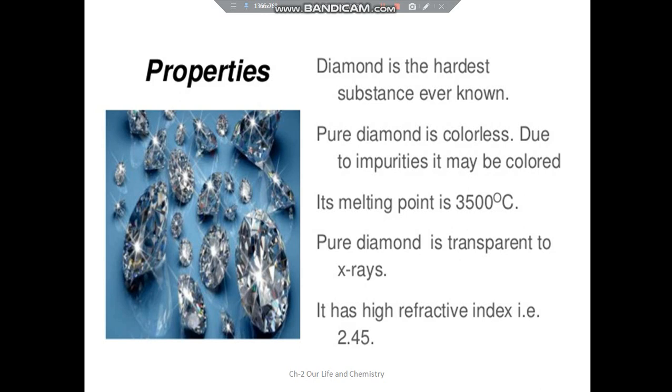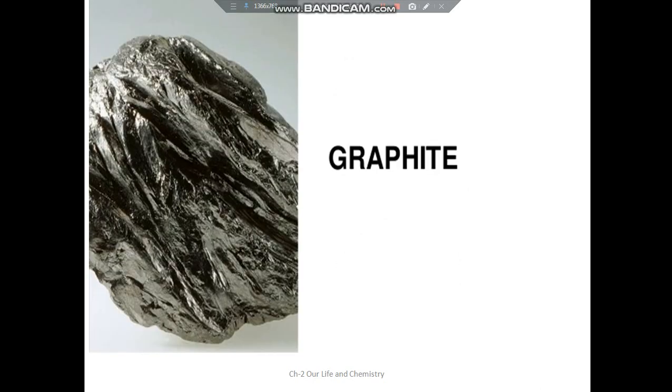Its melting point is 3500 and it has a very high refractive index, as given on the screen. Diamonds, as I said, are very expensive and are used in jewelry. Also, because of their hardness, they are used for cutting glass and drilling in rocks.